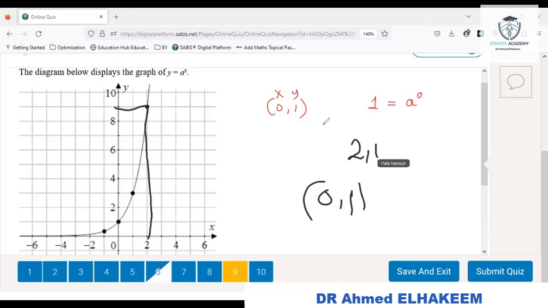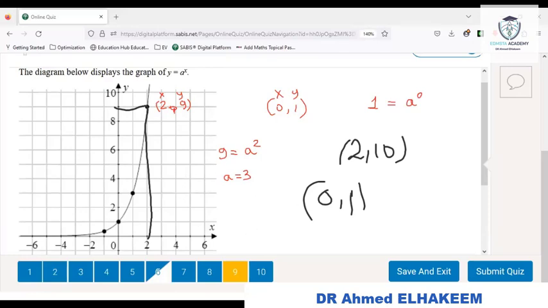So it's 2 and 9. So X and Y. So 9 is equal to A power 2. So what is A to be 9? What do you think? 3. Yes, A equals 3.